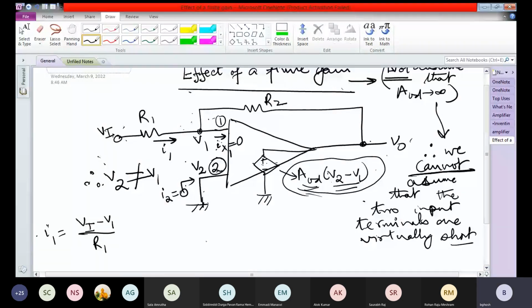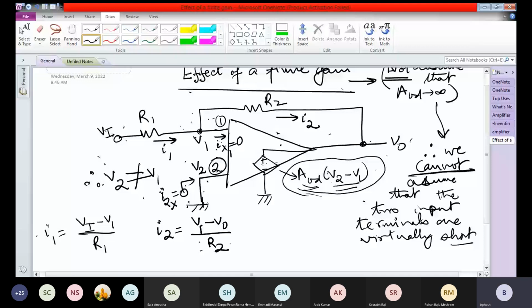And the current through I2, oh sorry, we have to call this I2x. So this current is I2, and it is given by V1 minus V0 by R2.